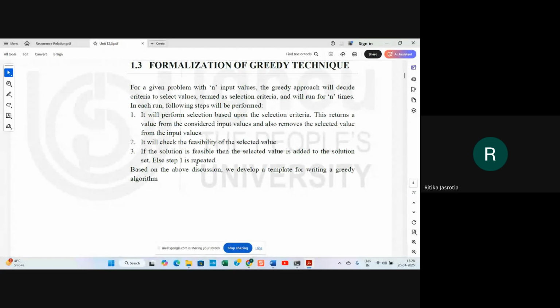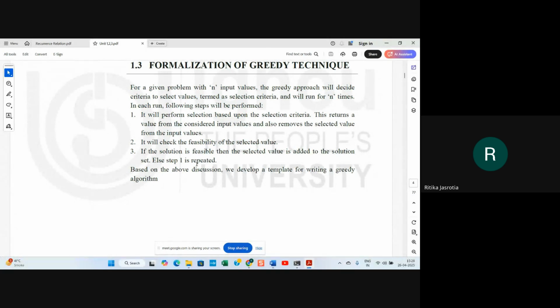So what they are saying is, we will first perform selection based on the selection criteria, whatever the criteria is. We will select a particular input. This returns a value from the considered input values and also removes the selected value from the input values. Now your set of inputs is there and items are there.